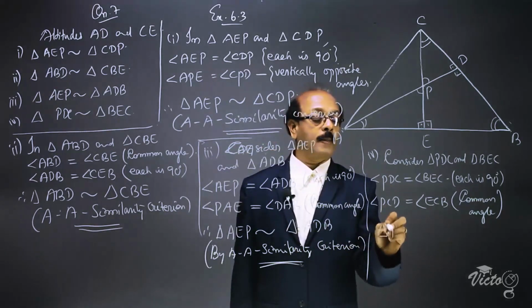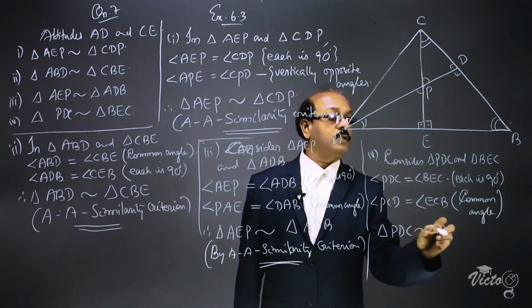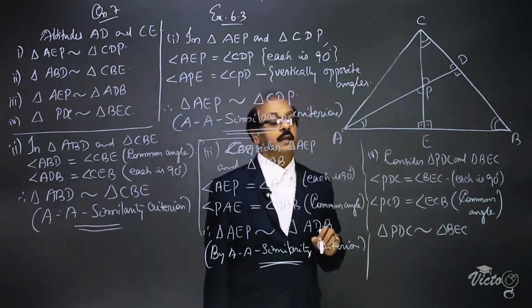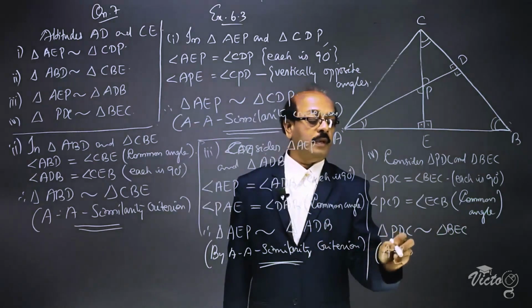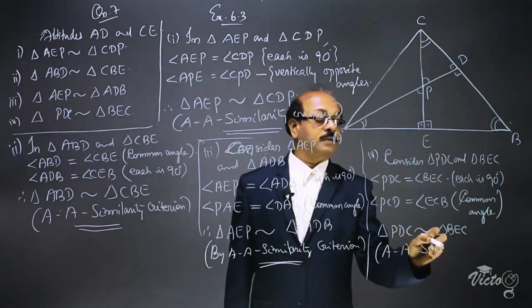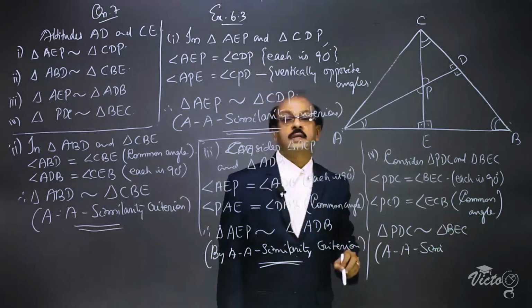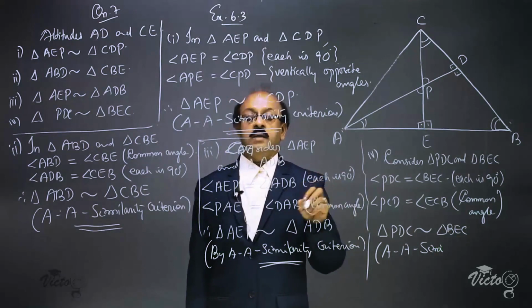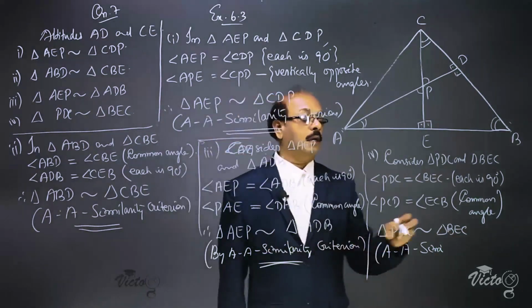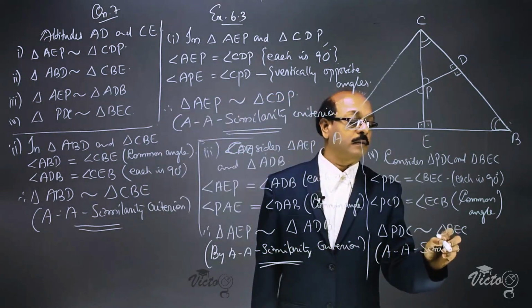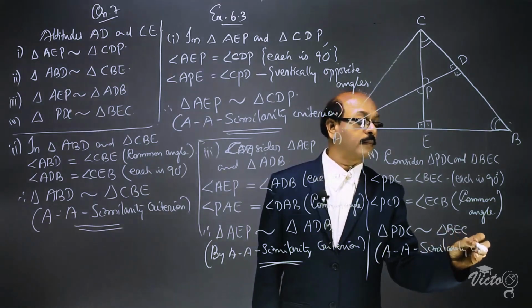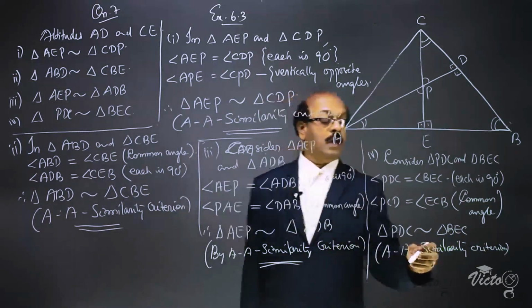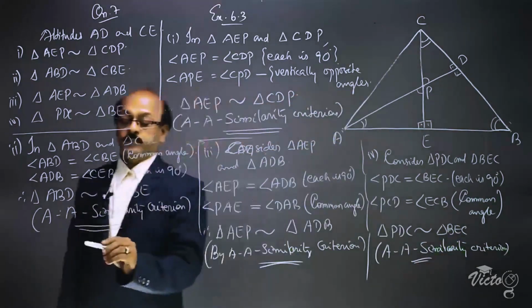Triangle PDC is similar to triangle BEC by the AA similarity criterion. So, in all the four cases, we are proving the two triangles are similar by the AA similarity criterion. Hence, we proved all the four results.